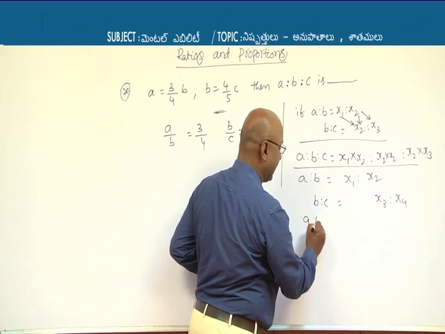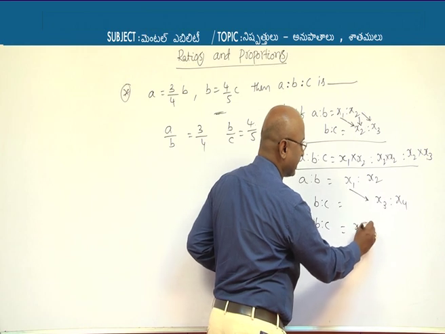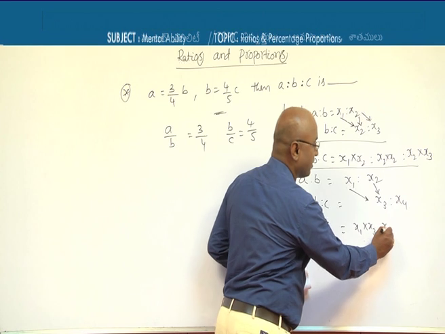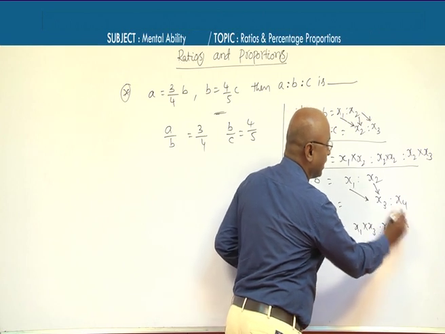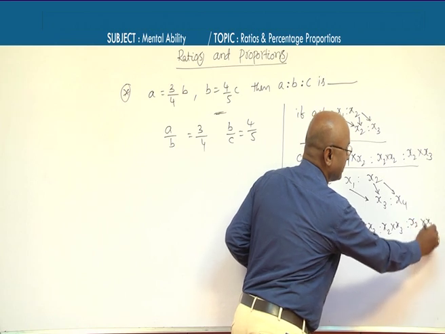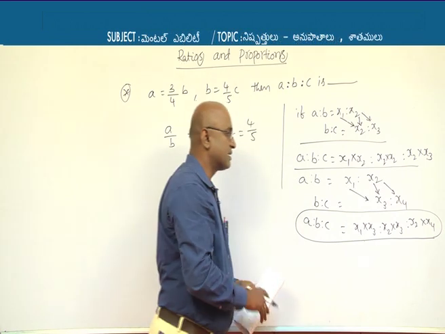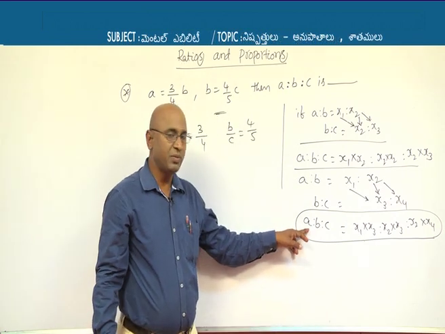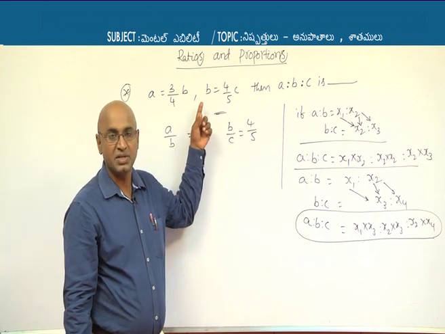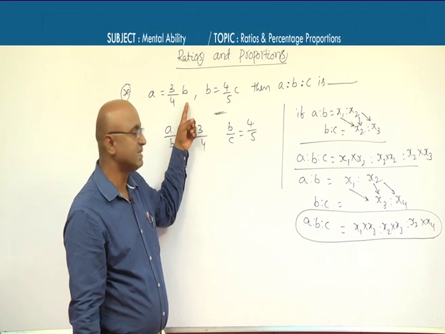Then A is to B is to C is equal to x1 into x3 is to x2 into x3 is to x2 into x4. It is a very, very important formula to remember. Why? Because sometimes A is to B is to C cannot be given directly. They will give you the ratio in terms of two expressions, same as in this case.